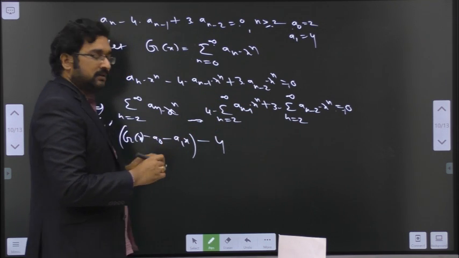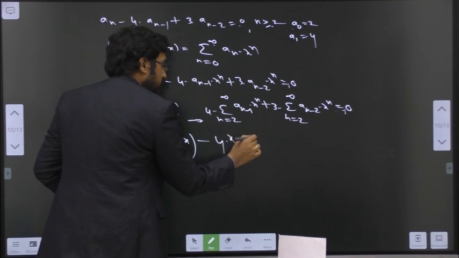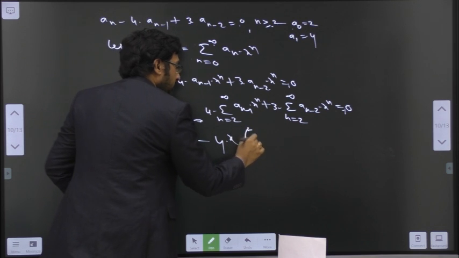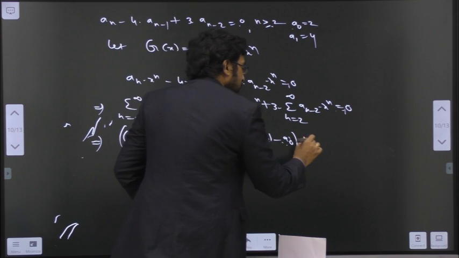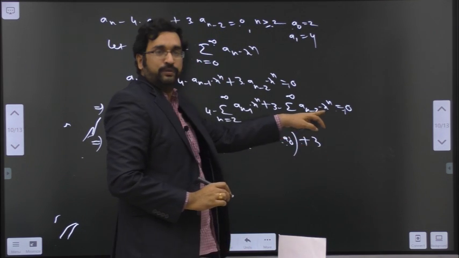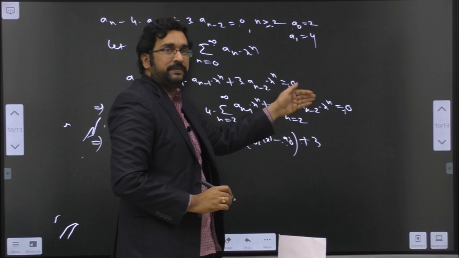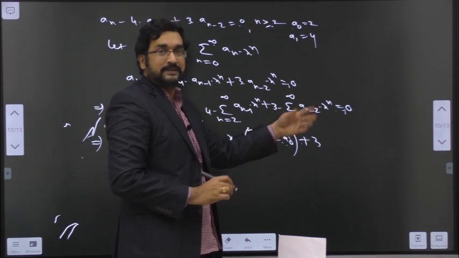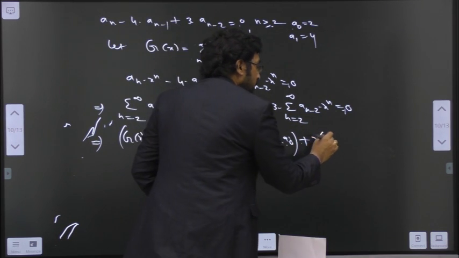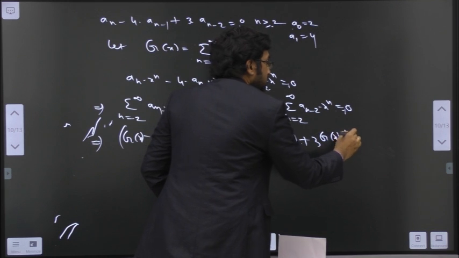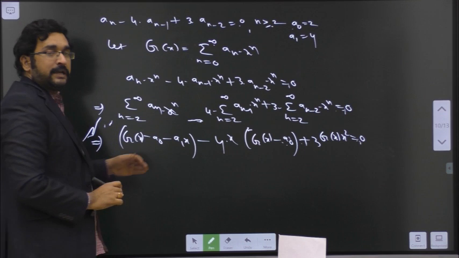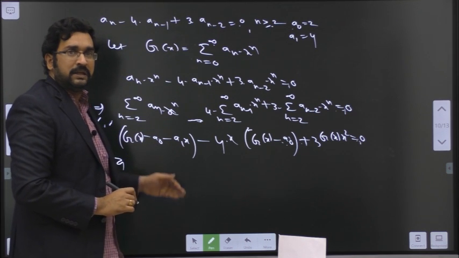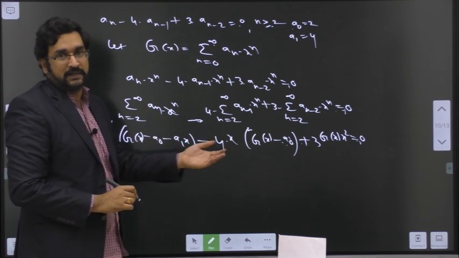So we can write as 4 into x into g of x minus a naught plus 3 into, here 2 both are equal. So given term should be written as it is and multiplied by x square. So 3 into g of x into x square equal to 0. Now from this take g of x as common, take remaining terms to right side.